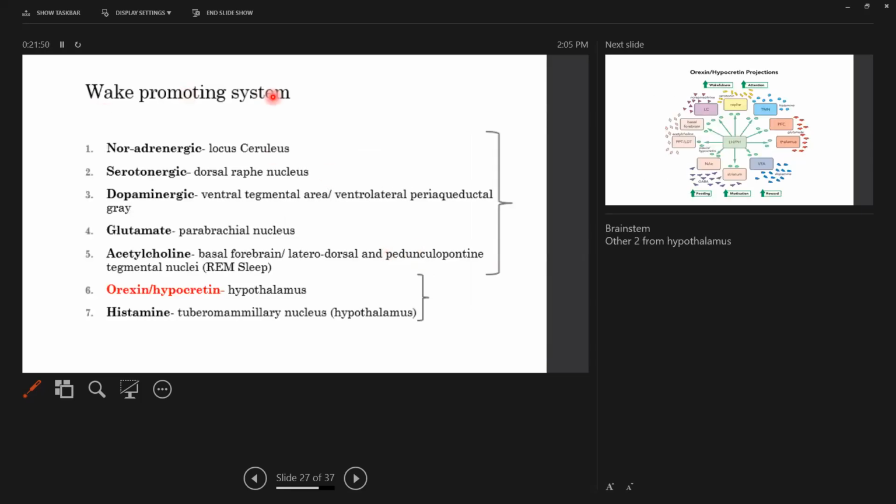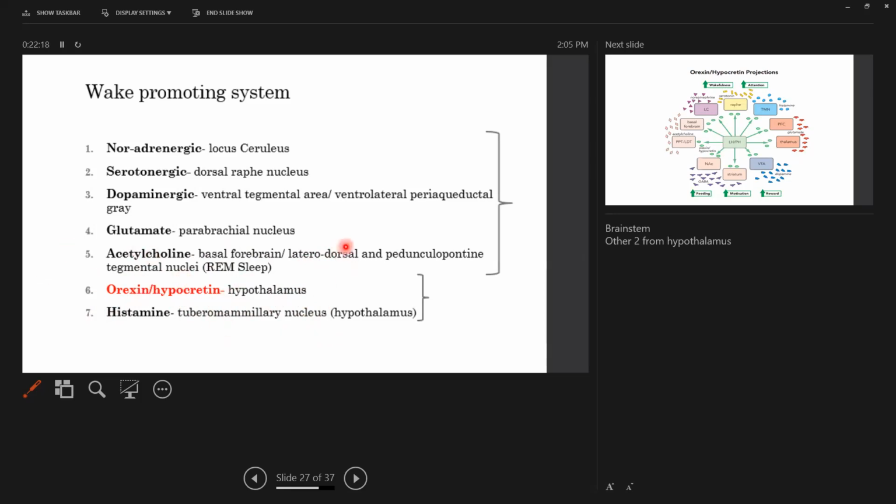This is the wake promoting system. These first five are the monoamines which promote wakefulness. These include the noradrenergic neurons from the locus ceruleus, serotonergic from the dorsal raphe nucleus, dopaminergic from the ventral tegmental area, glutamate from the parabrachial nucleus, then acetylcholine from the nucleus basalis of Meynert and the basal forebrain, then orexin or hypocretin from the hypothalamus, and histamine from the TMN.